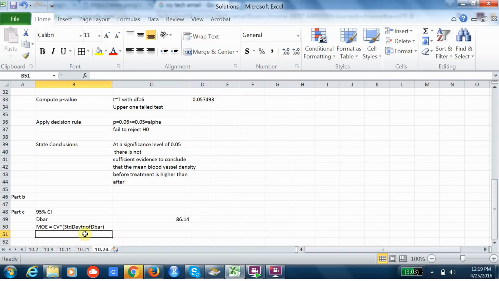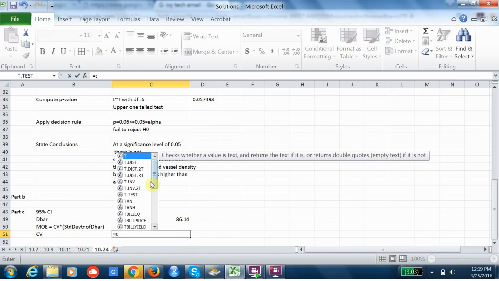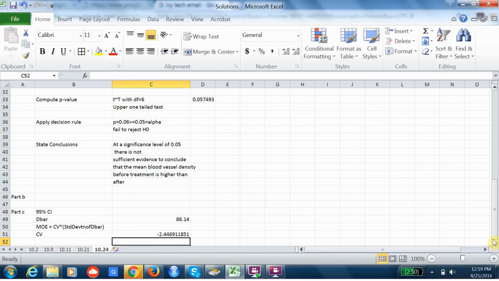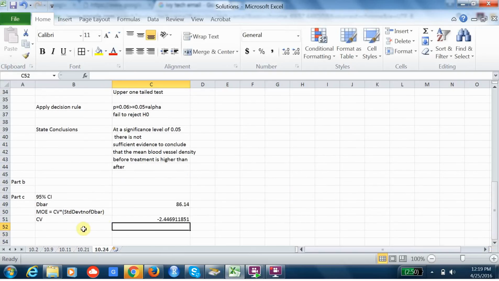So if we compute the critical value first, critical value is going to be the t-score for 0.05 for 6 degrees of freedom. So this is going to be t.inv of 0.05 divided by 2 with 6 degrees of freedom. Okay. And of course it's negative, but I'm going to make it positive when I do the margin of error.